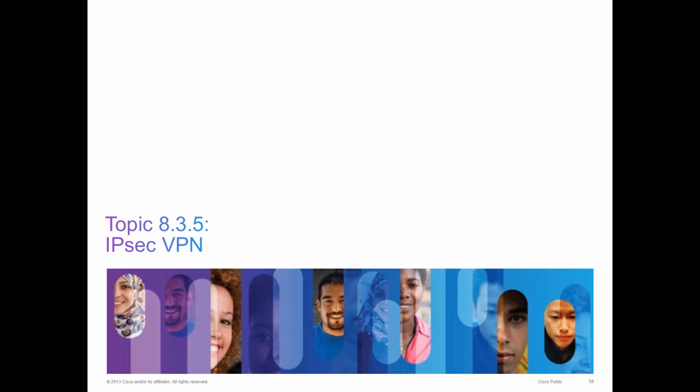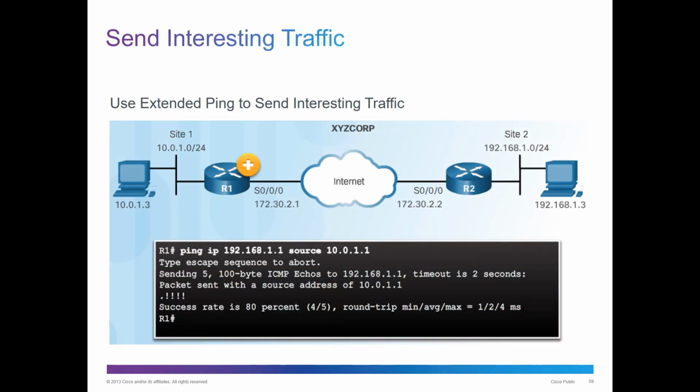Alright, one of the last major sections in this group is talking about IPsec VPNs. So this portion deals mainly with verifying traffic actually is being sent through the tunnel. And you can do that via sending a ping. And you can actually do it from the router by doing a destination and source to verify.